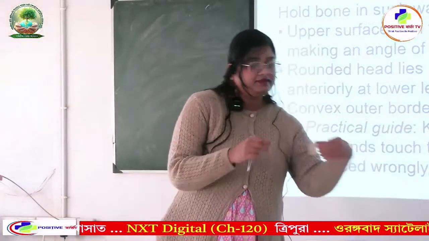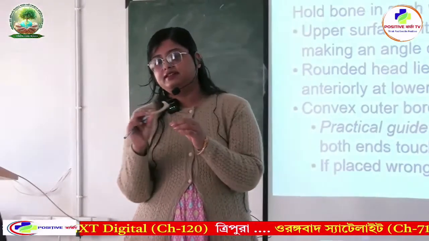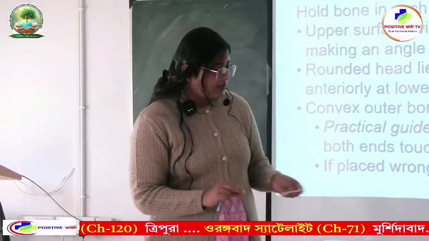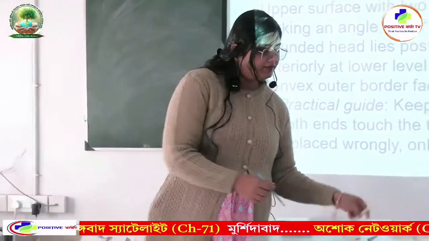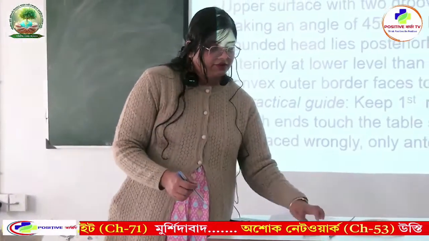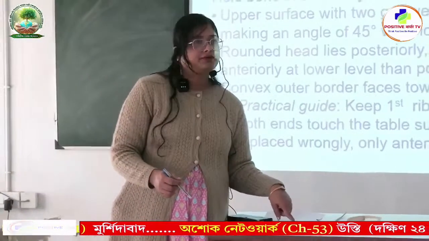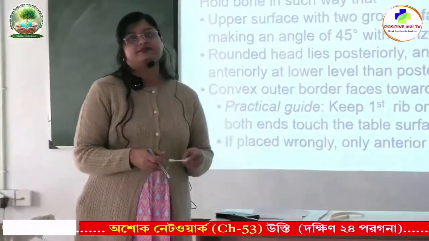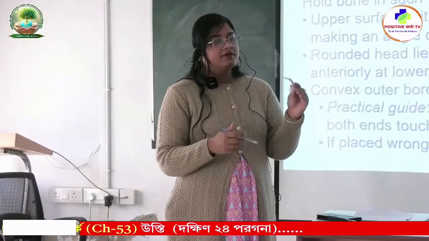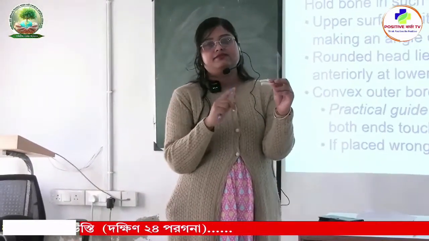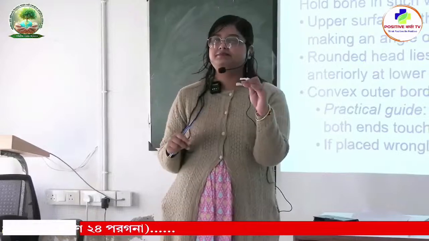Now the first rib is more tilted than the typical rib. If you place it on a flat surface like this, two ends are touching the floor. So this is a first rib of the left side.